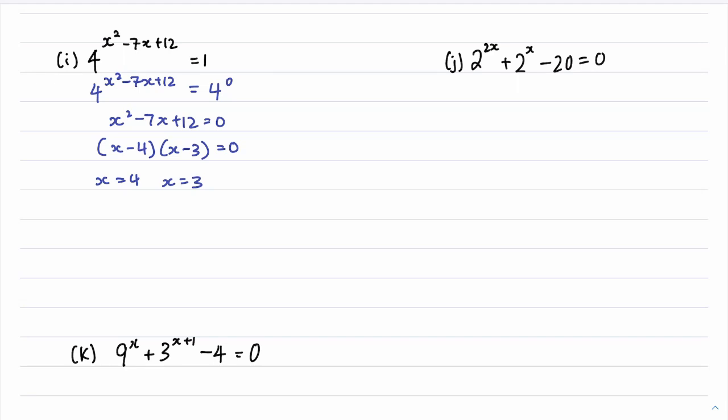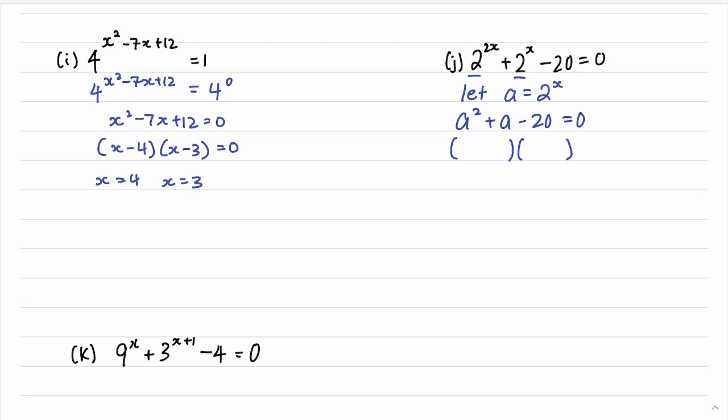All right, moving on to our second last question of the video. We have here a hidden quadratic. That's right. Notice our repeating bases, 2 to the power of x. So to see it more clearly, we can let some variable a, let's say, equal 2 to the power of x. And we can rewrite the expression on the left-hand side as a squared plus a minus 20 equals 0.